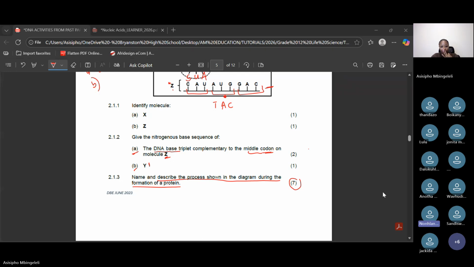The name of the process is translation. Number 1: each transfer RNA, each tRNA, carries a specific amino acid.